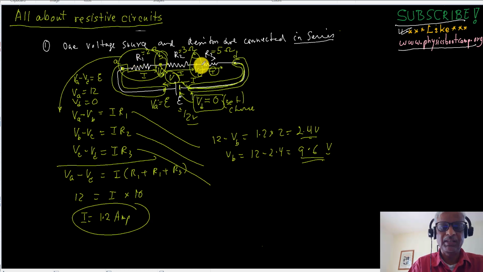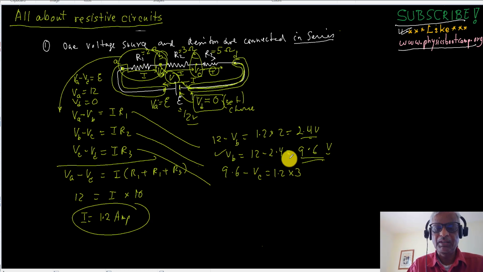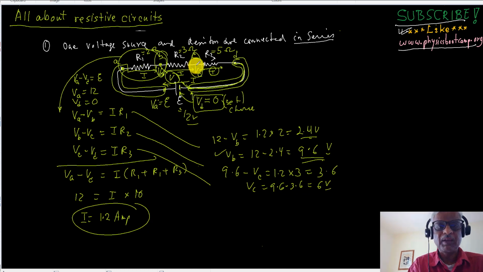How about VC? I now know VB, so I just apply over there. 9.6 minus VC is 1.2 times 3, so is 3.6. So VC is 9.6 minus 3.6, and that's 6 volt. So if I took a voltmeter between here and here, it will have a reading of 6 volt, because the other side is 0.